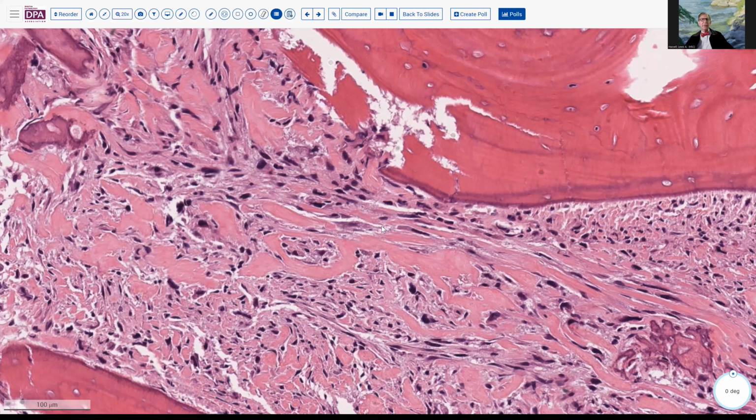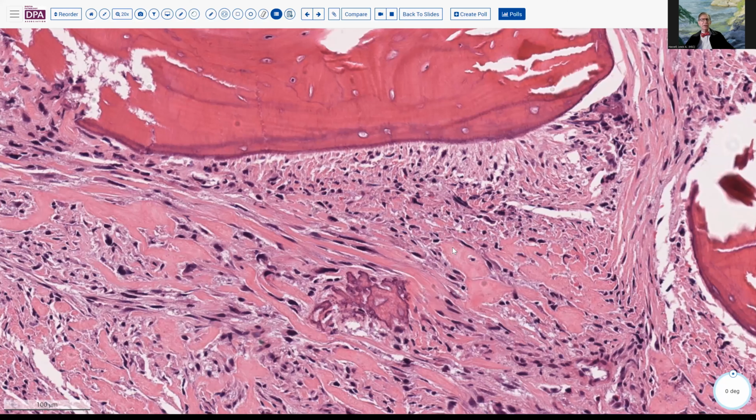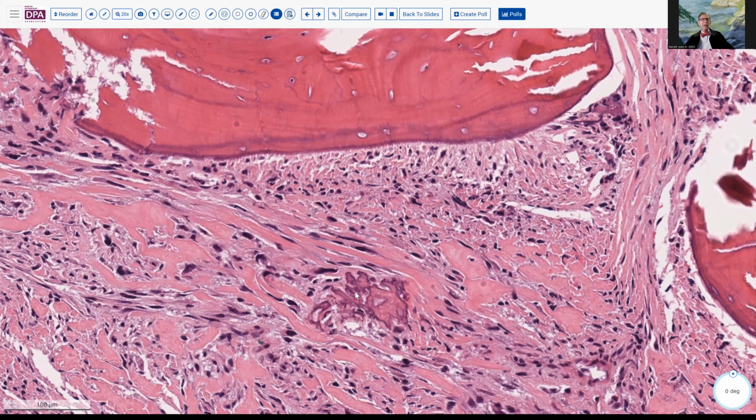So this is not a highly cellular or anaplastic tumor, but it's certainly making an abnormal substance, and you've got this funky looking bone here.